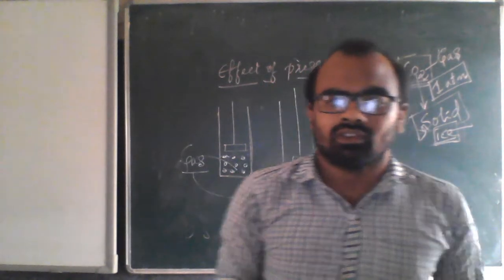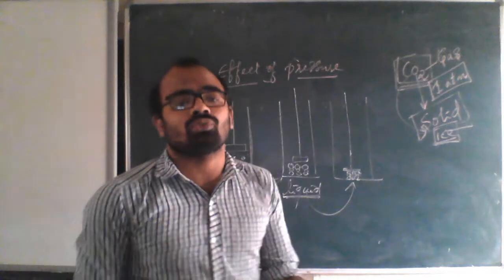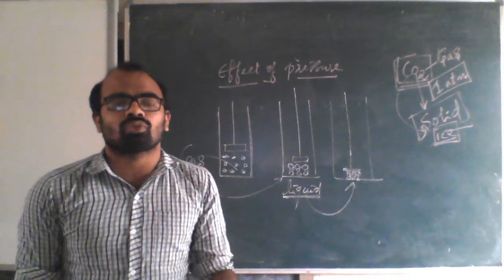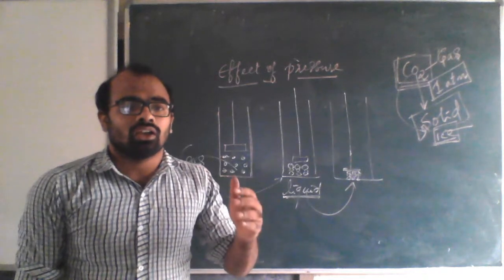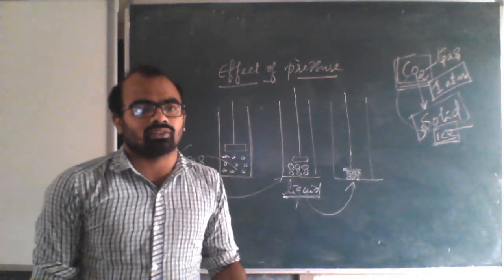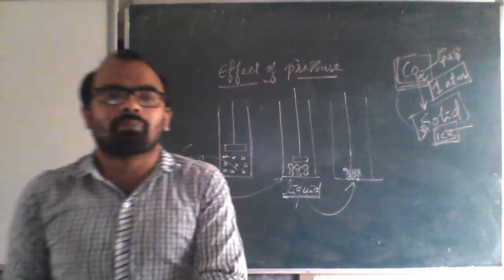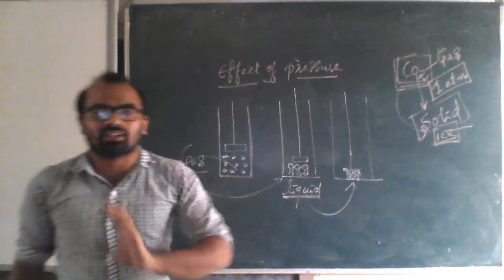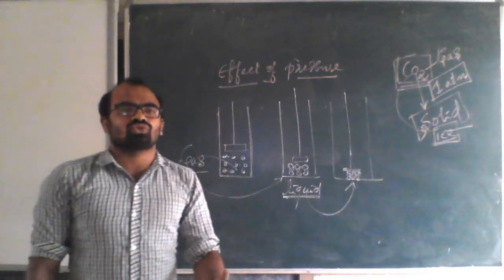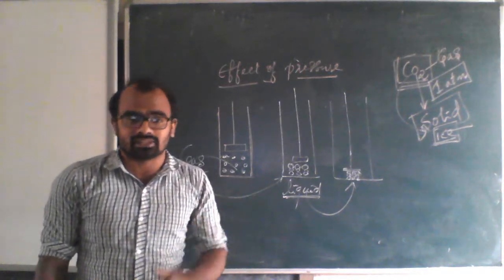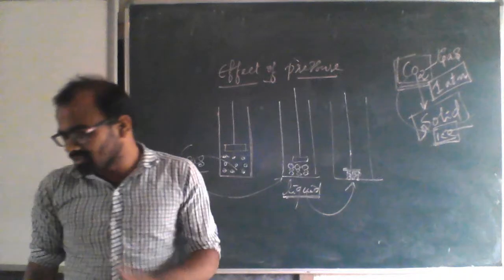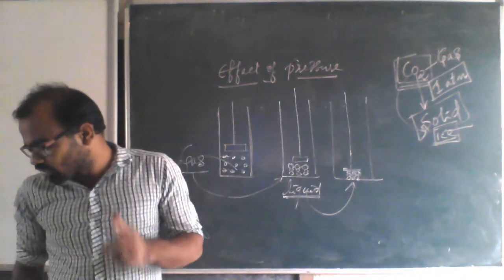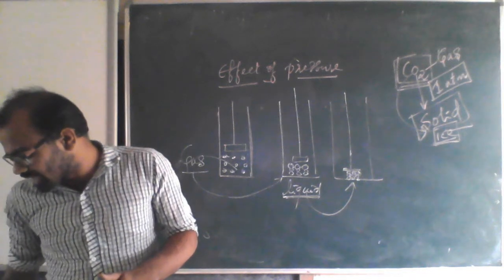The question might be asked, why is CO2 called solid ice? When CO2 is converted from its present pressure to 1 atmospheric pressure, it converts from gaseous state to solid state. So that is why CO2 is also called solid ice. I hope you all are clear with this point. Why is CO2 called solid ice?